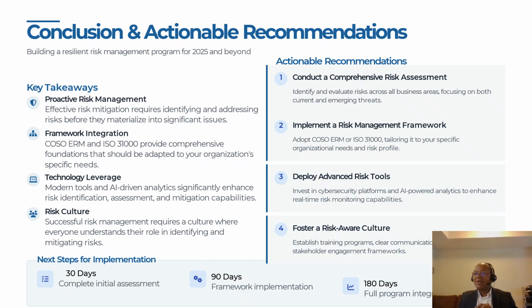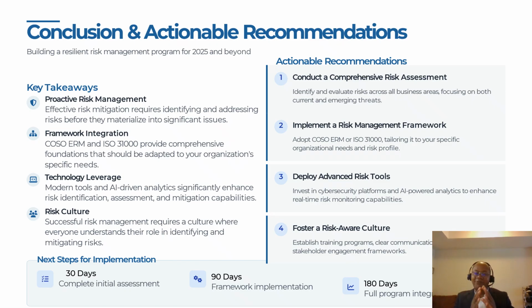Here are some actionable steps you can take. Conduct, first and foremost, a comprehensive risk assessment that involves identifying and evaluating risks across all business areas, focusing on both current and emerging threats, and also opportunities.